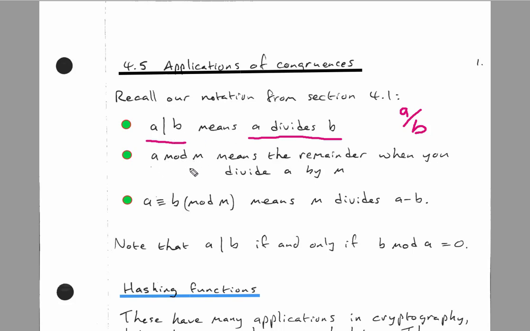But in general, there'll be a remainder, and the remainder has to be between 0 and m minus 1. Okay, so when you see this notation, it means a remainder.